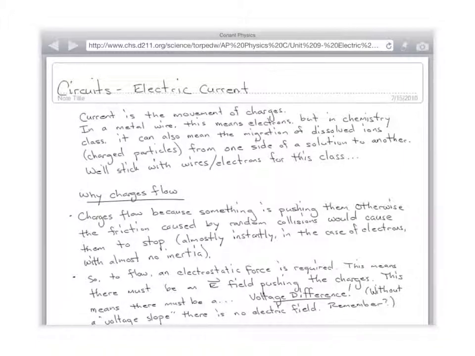All right, that'll create your electric field for you. So that's the key to making this work. You have to have an electrostatic force. So in order to do that, you set up an electric field. And the way you set up the electric field is by setting one side of the wire to be at a higher voltage than the other. That will force the charges to flow.